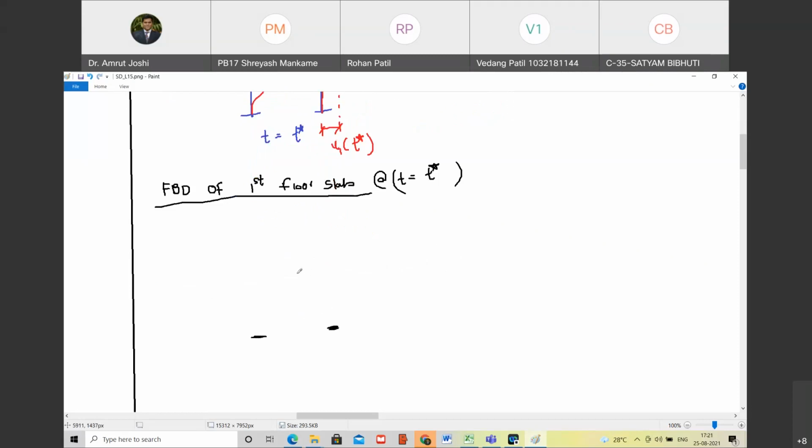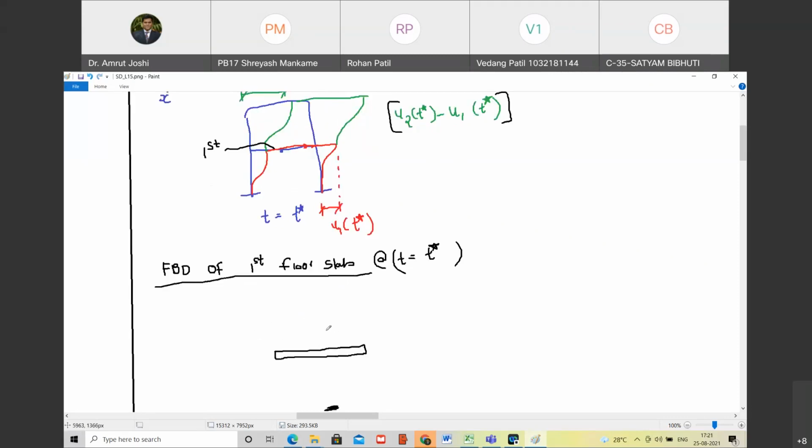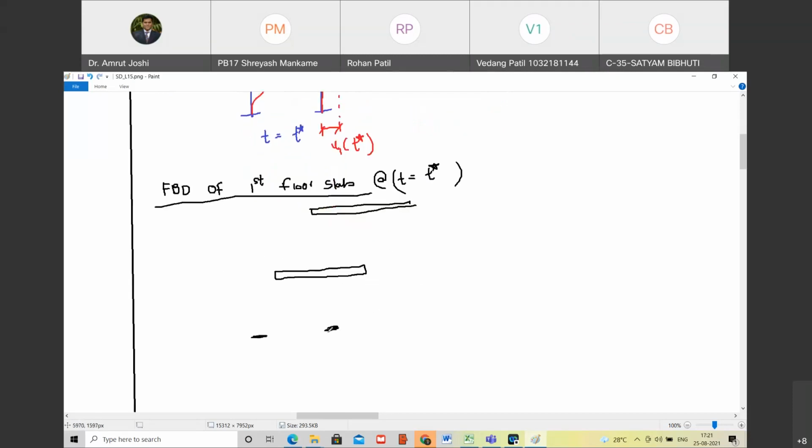This is the base. And the slab has moved like this. Do you agree with me? Yes, sir. The slab has moved by this amount. And the second story slab has moved by this much amount. Happy?